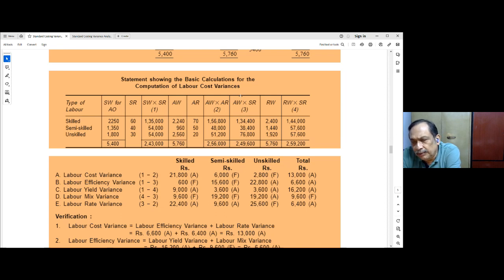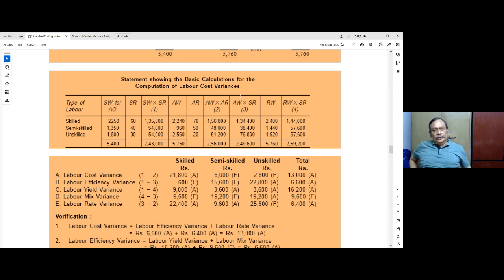So total labor cost variance comes to 13,000 adverse. Then labor efficiency variance is 1 minus 3. For skilled, it is 600 favorable. For semi-skilled, 15,600 favorable. Unskilled, 22,800 adverse. So total 6,600 adverse.